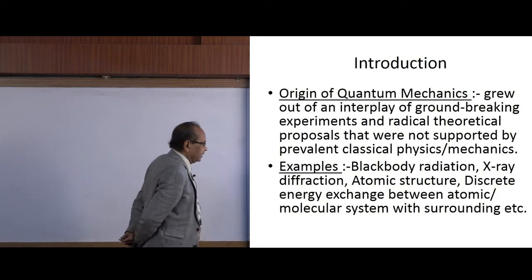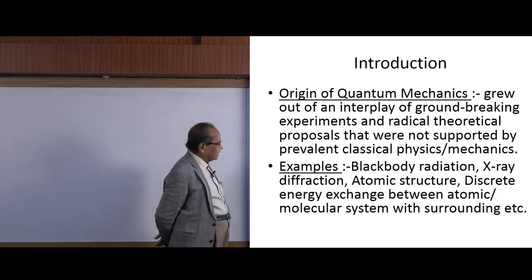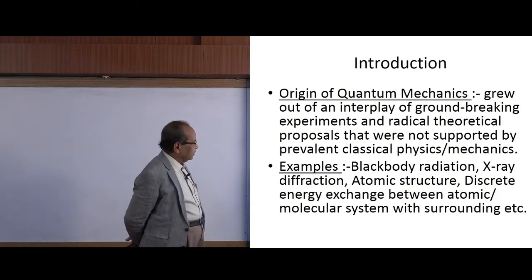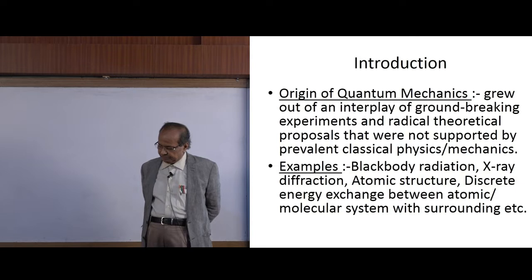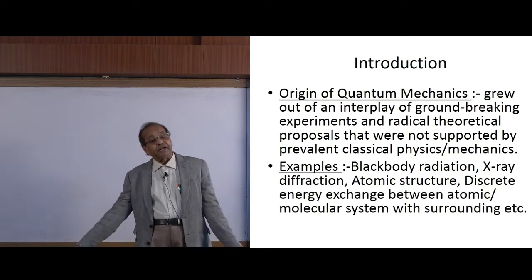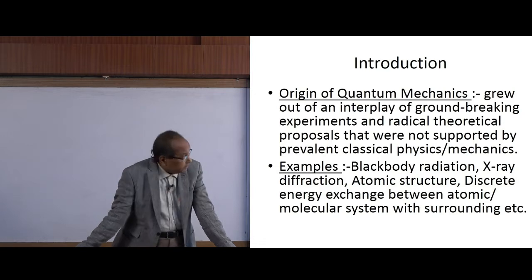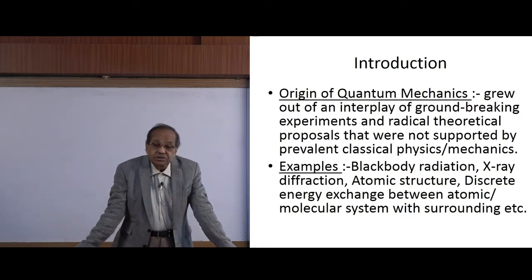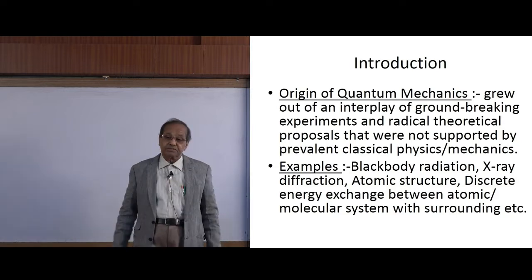Debye, Albert Einstein, all the stalwart physicists tried hard to explain the blackbody radiation with the prevalent idea in physics, but it could not support the experimental observation of this blackbody radiation.